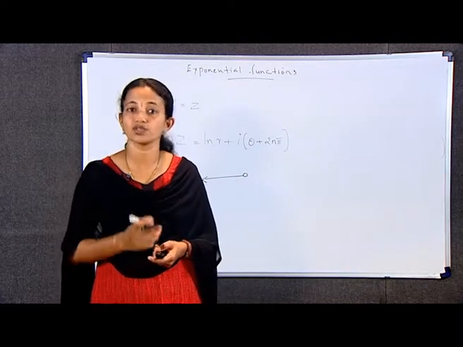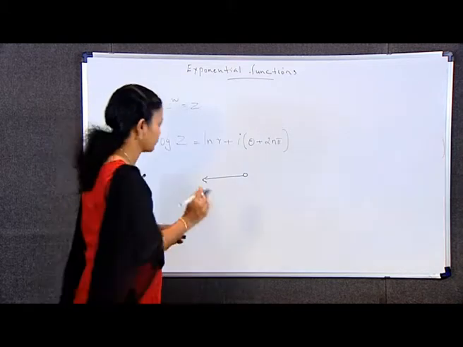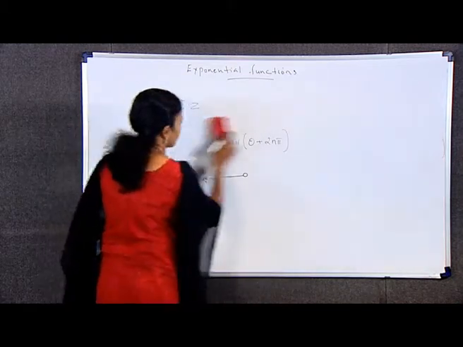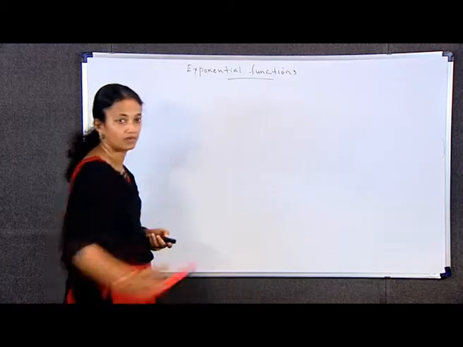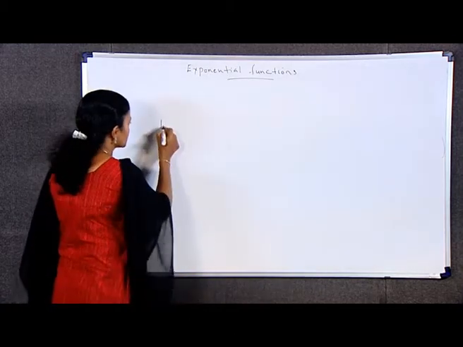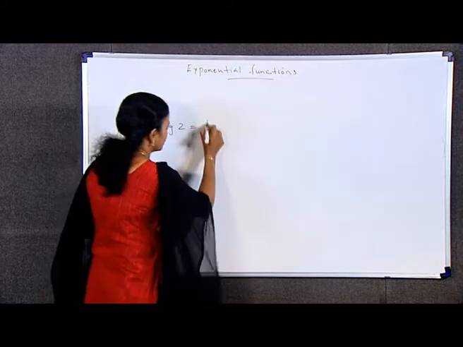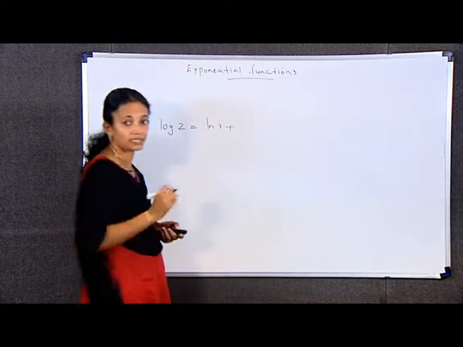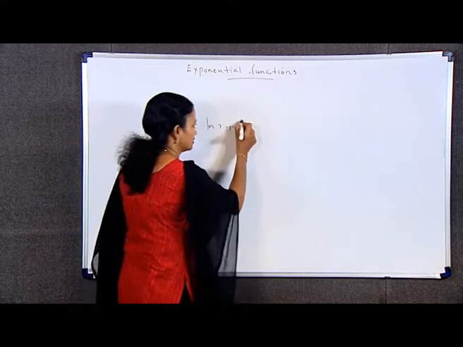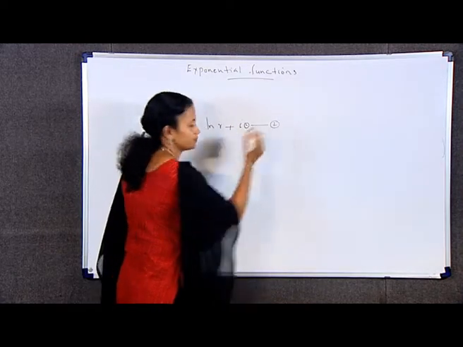Hence equation 1 can be written as log z is equal to ln r plus i theta, equation number 2.